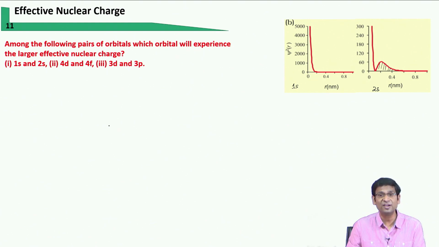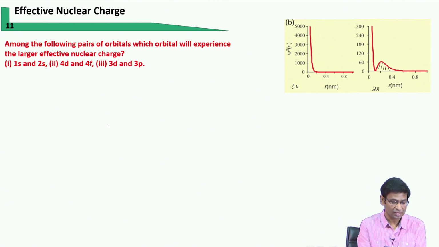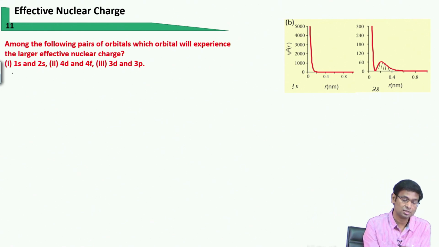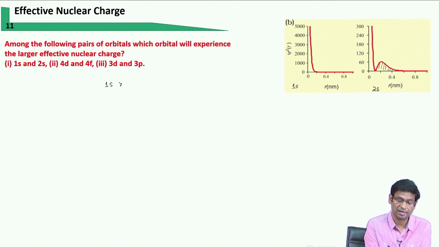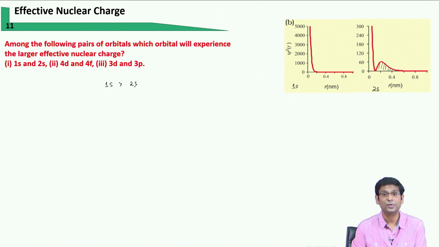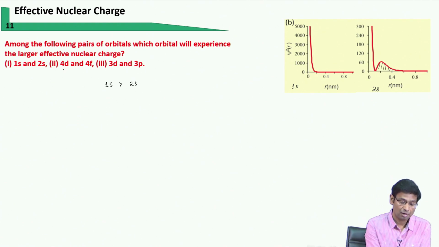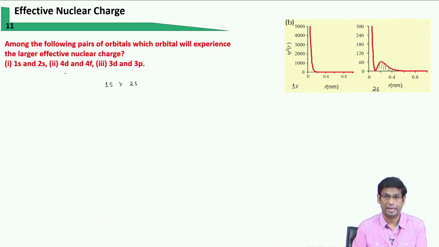So this effective nuclear charge becomes smaller when the electron is found farther from the nucleus. Now let us compare 1s and 2s. Of course, the 2s electron is found farther from the nucleus compared to the 1s electron, since the 1s orbital is closer to the nucleus. So the effective nuclear charge of 1s will be greater than that of the 2s orbital. Now the other question is 4d and 4f.